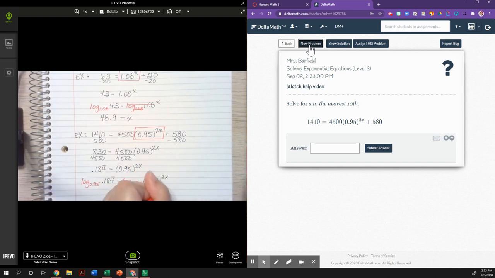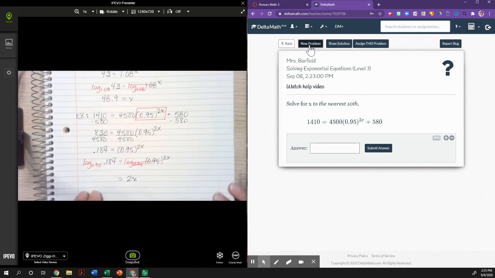Just got to work it slowly. That cancels, so 2x equals the log, and I'm just going to leave it like it is. Now to get x by itself, I'm going to divide by 2.